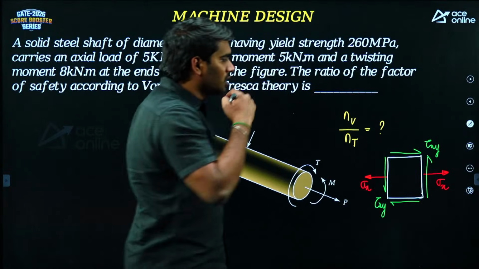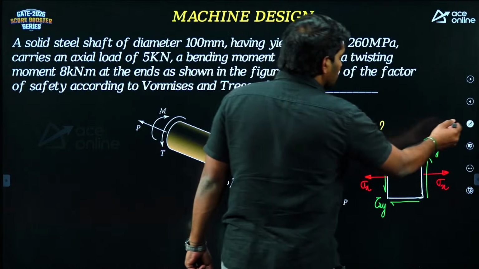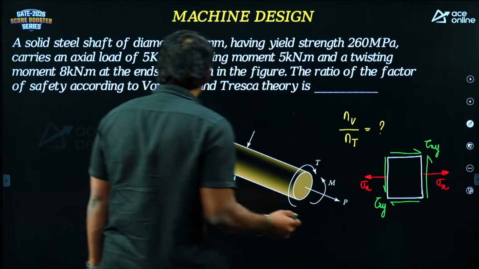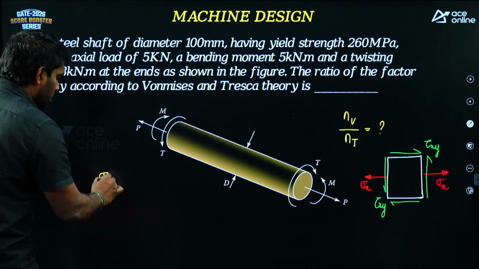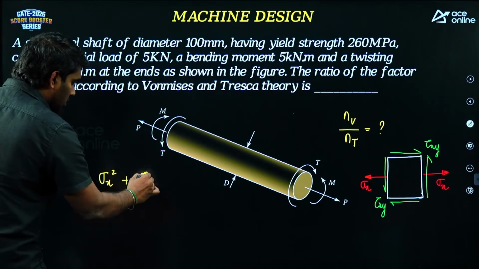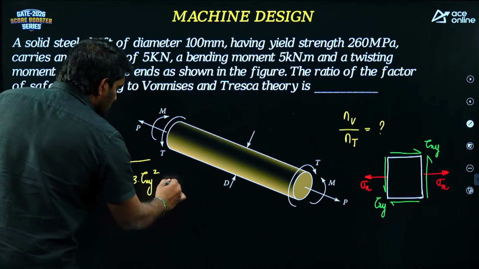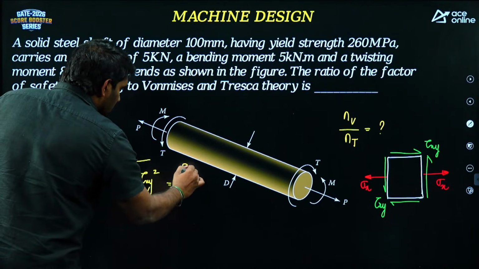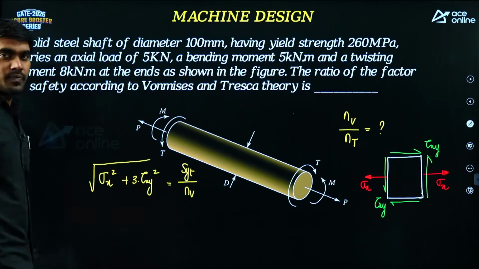Now, the equation according to von Mises is: under root of sigma x square plus 3 times tau xy square is equal to SYT divided by factor of safety NV.